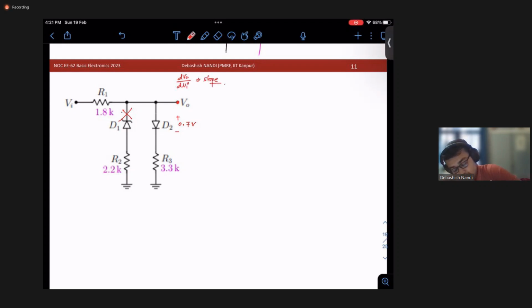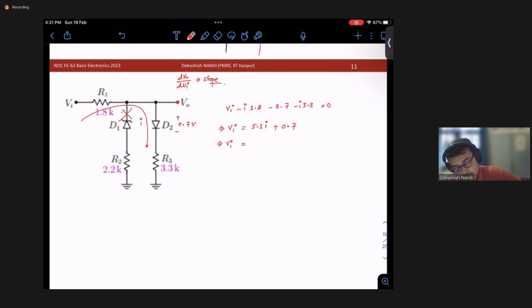So if I use KVL in this loop, Vi minus I of 1.8, then minus 0.7 minus 3.3 I equal to 0, right? So my Vi would be 3.3, 1.8, 5.1 I plus 0.7, right?